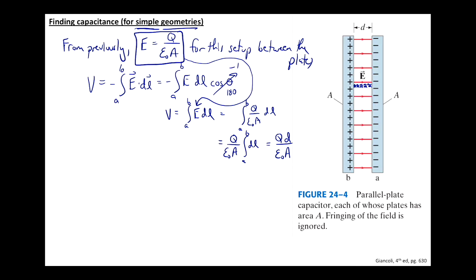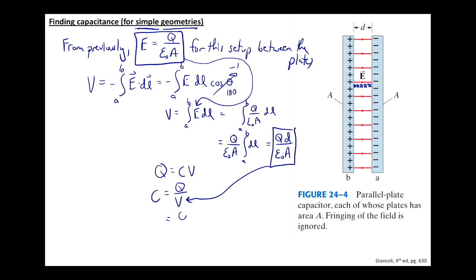So what does that mean? This is the potential difference between the two plates. That's really not what I want. I'd like to find out the capacitance of this configuration. So what we're going to do is use the equation from the previous slide, Q is equal to C times V, and solve that for C. So C is Q over V, and then we're going to plug that into the denominator.